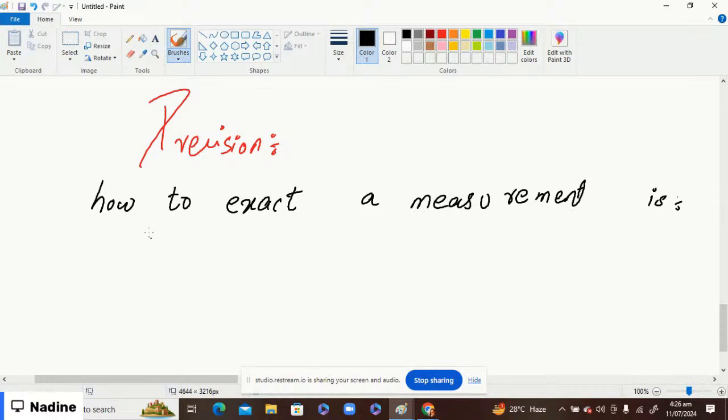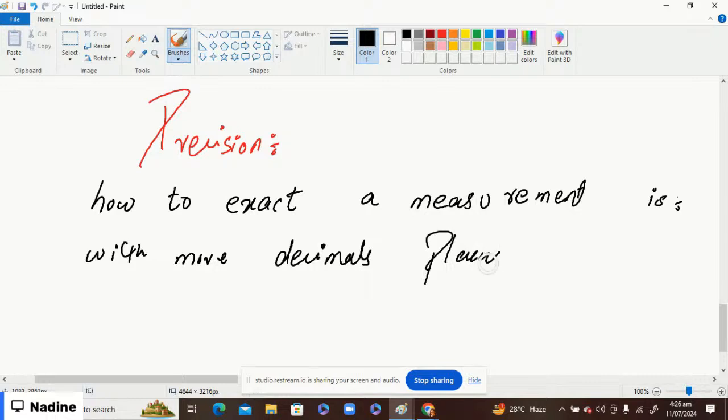A measurement with more decimal places is more precise.